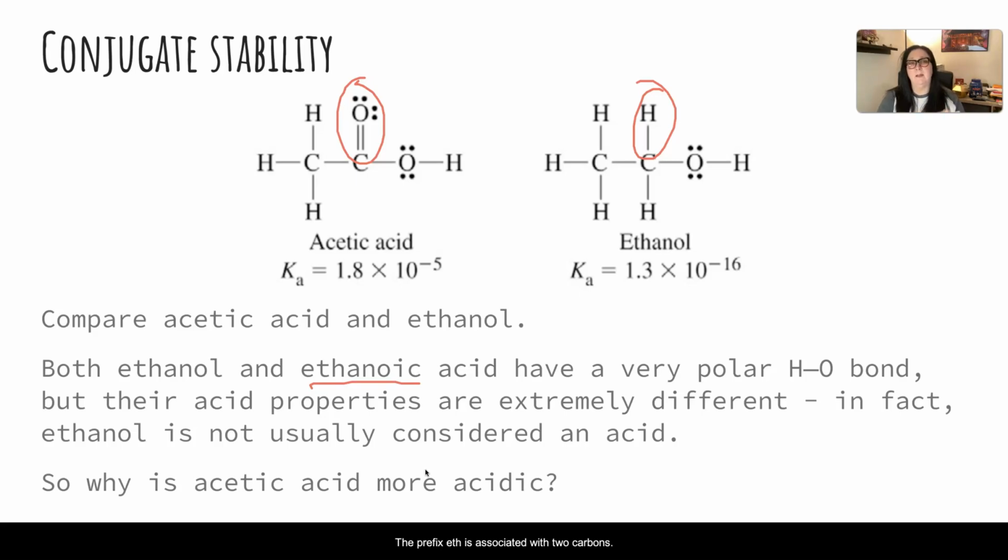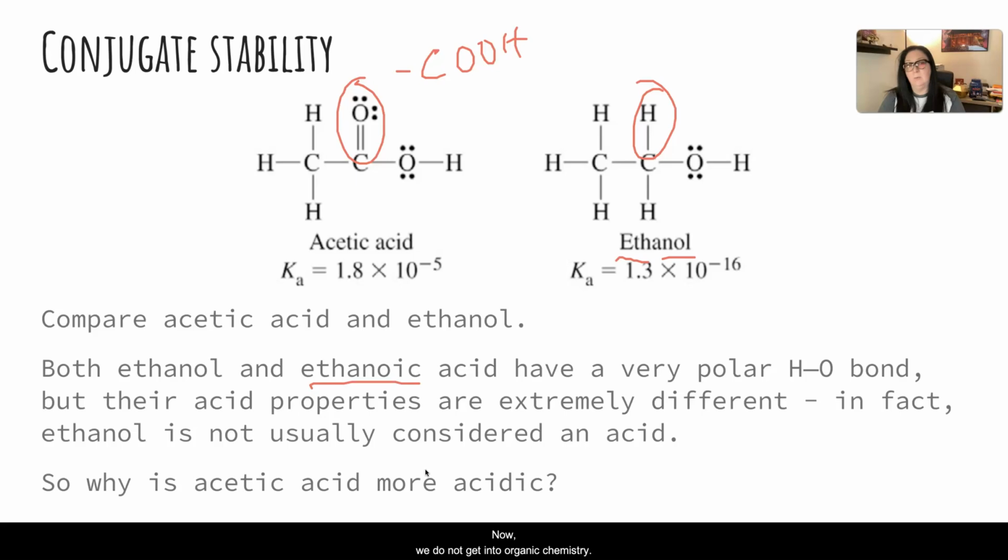The prefix eth is associated with two carbons. So ethanol has two carbons, and the ol means it has an OH and functions as an alcohol group. Whereas acetic acid, or ethanoic acid, has two carbons but is a carboxylic acid, which has a COOH group.